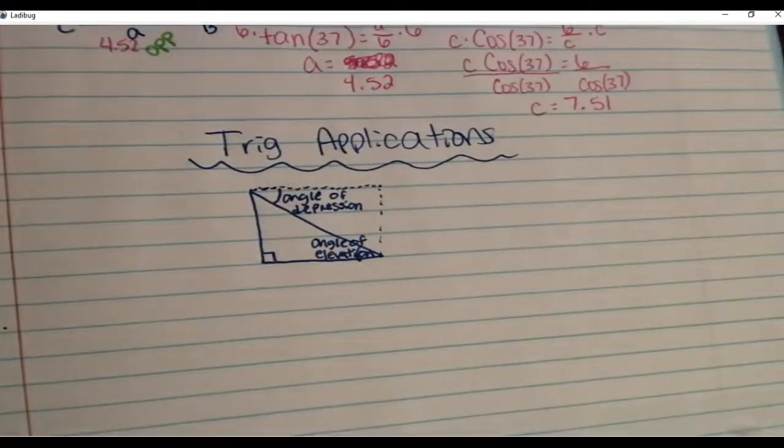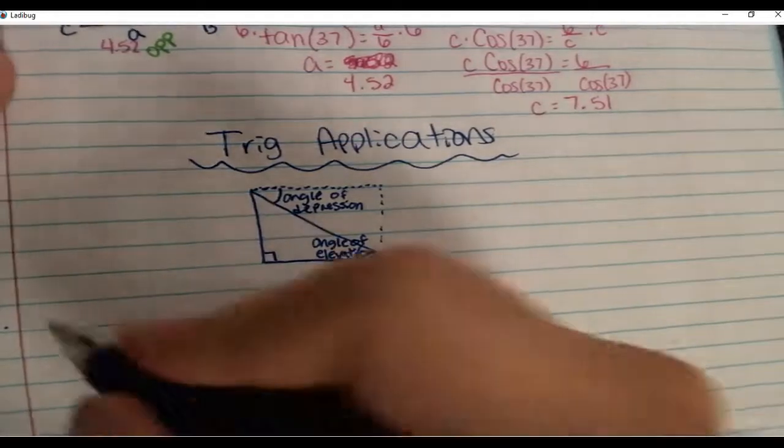So our first one says a 20-foot ladder leans against a wall.